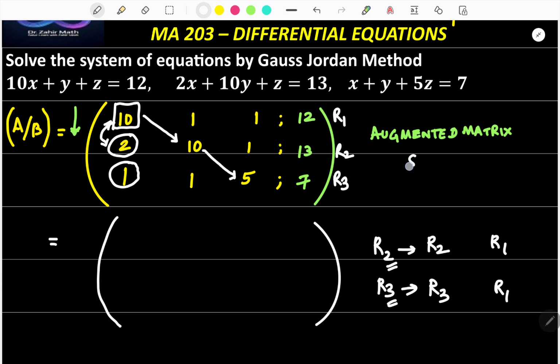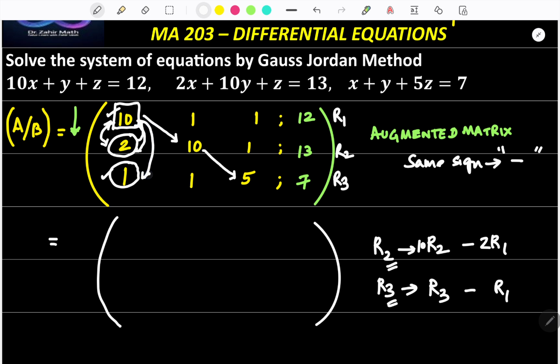So if same sign, what is the rule I said? You're going to subtract. That means you're going to put minus in between. In between this and this, same sign or different sign? Same sign. So it is minus. So now multiply this 2 with this 10, and this 10 with this 2. It means R2 is multiplied by 10. Clear? R1 is multiplied by 2. Clear? So easy.